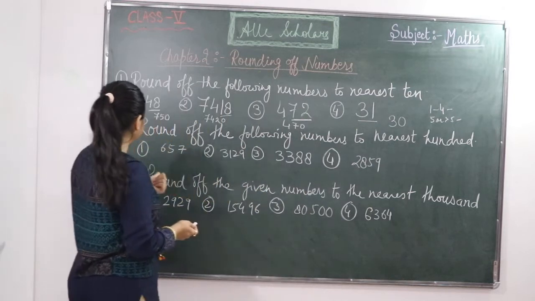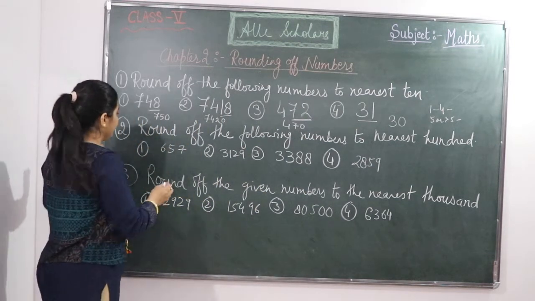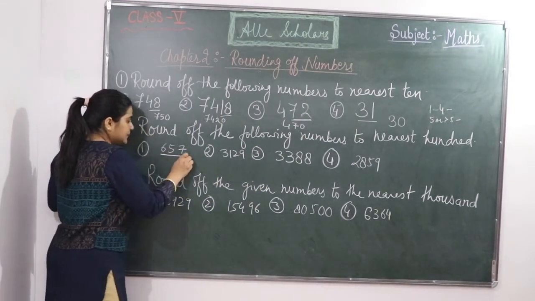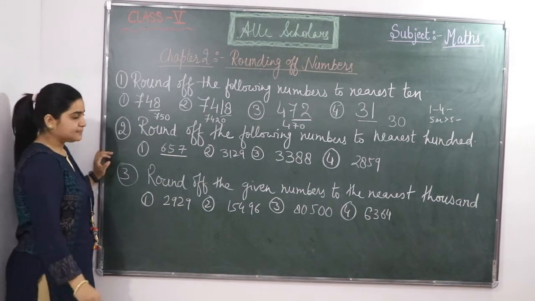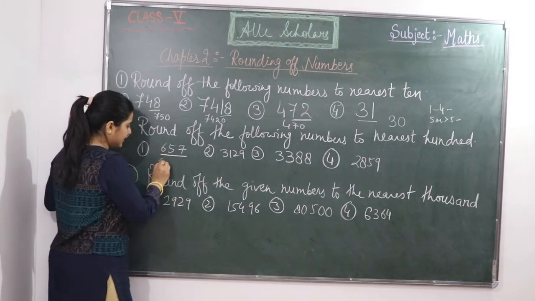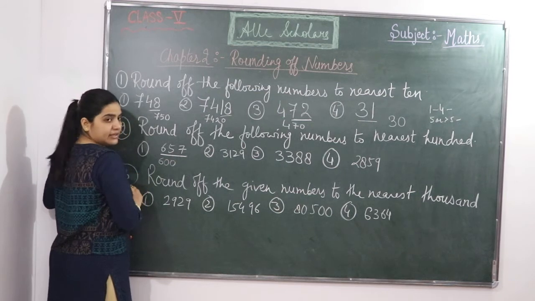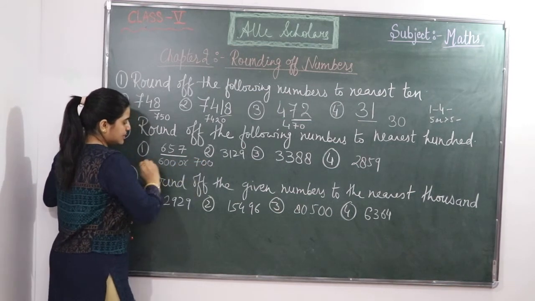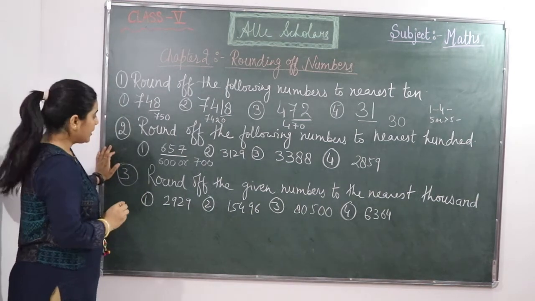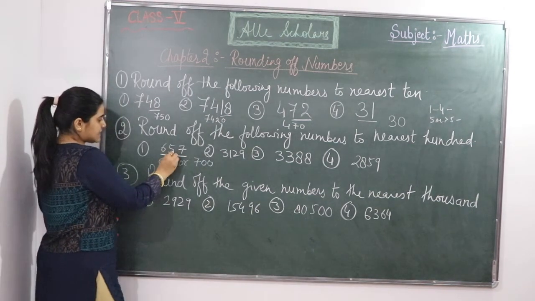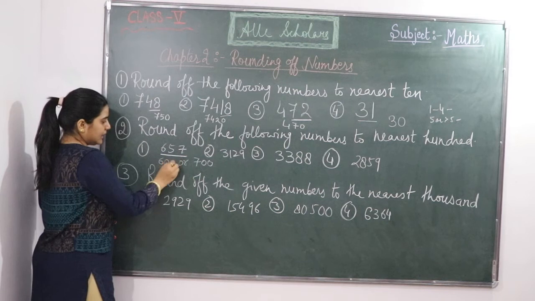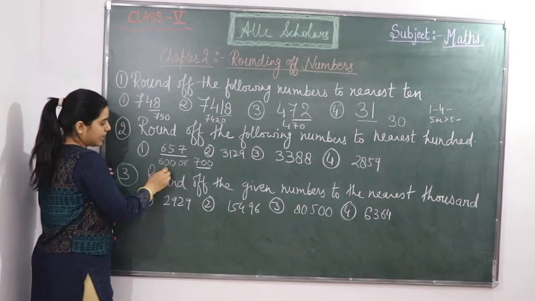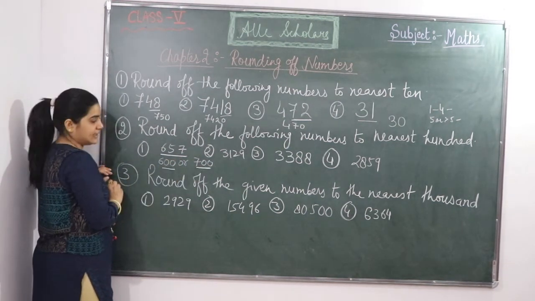So we have to see for the nearest 100. The first one is 657. The nearest 100 can be 600 or it can be 700. 657 is near to 700 as compared to 600.